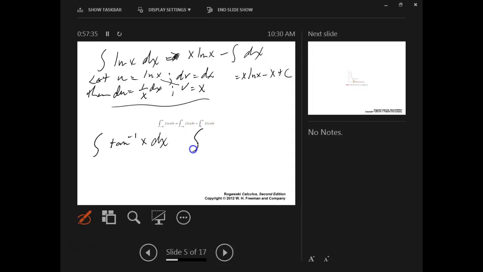All right, the other one similar to that is inverse sine of x dx. Same thing. Let u equal inverse sine of x, dv equal dx, v is equal to x, and du is whatever the derivative of the inverse sine is, which is something.